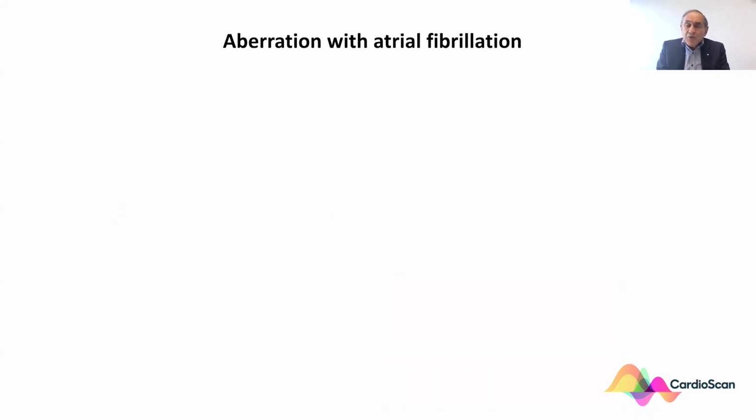Aberration with atrial fibrillation was first described by Gouaux and Ashman in 1947. Their concern at that time was whether the patient was having ventricular tachycardia or atrial fibrillation with aberration.